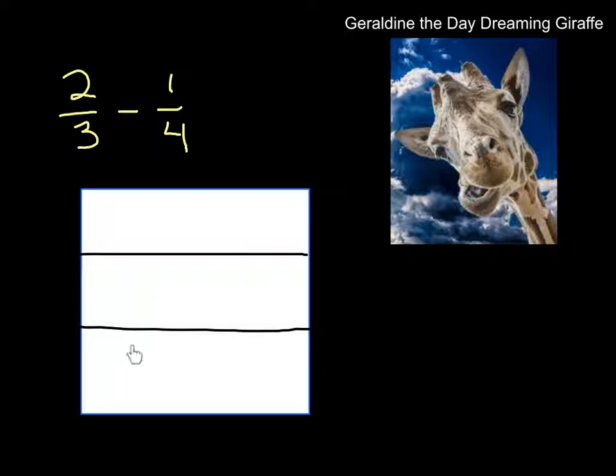I get 2/3 of the day. So I'm going to color in 2/3 here. And now as you see, I have 1, 2 out of 3, or 2/3 of the day left for Geraldine to eat some food.